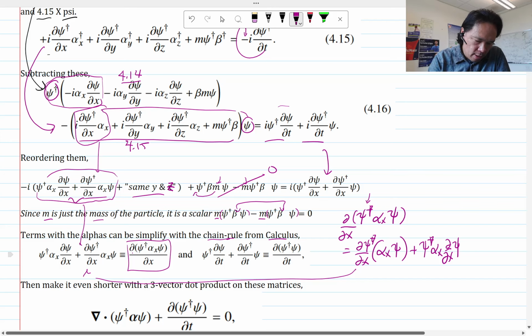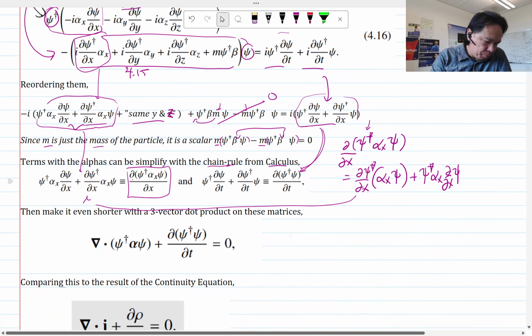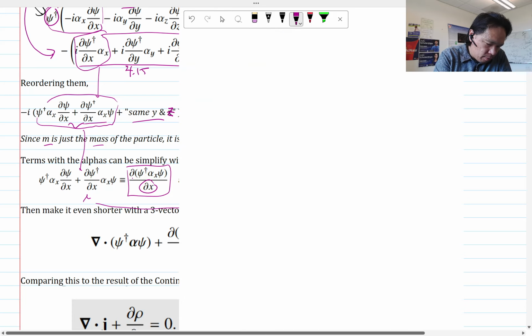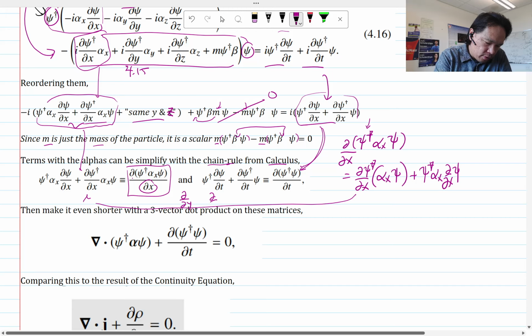Similarly, by just taking the partial derivative of psi dagger psi, you'll find that the stuff inside here is also the partial derivative with respect to time of psi dagger psi. Since this gives you the x component of the derivative, you're going to have the similar thing with partial by partial y, and partial by partial z. And this basically becomes the divergence of whatever is inside this argument.